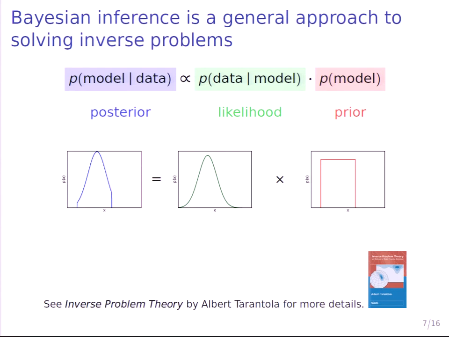And Bayes' theorem is simply a way to do that formally, where you phrase your state of knowledge as a probability distribution function. If you're interested in learning more about that, James mentioned this yesterday. The Inverse Problem Theory book by Tarantola is very helpful, I think.